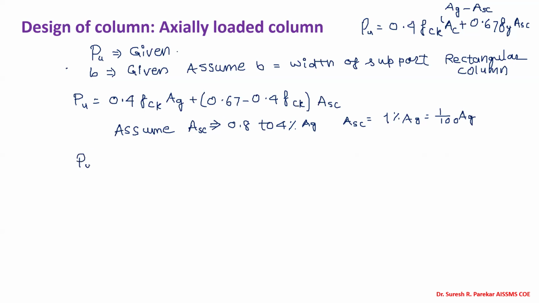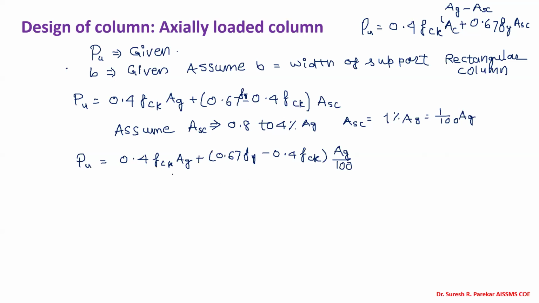So we have Pu equal to 0.4 fck Ag plus 0.67 fy minus 0.4 fck, and then this will be Ag upon 100.